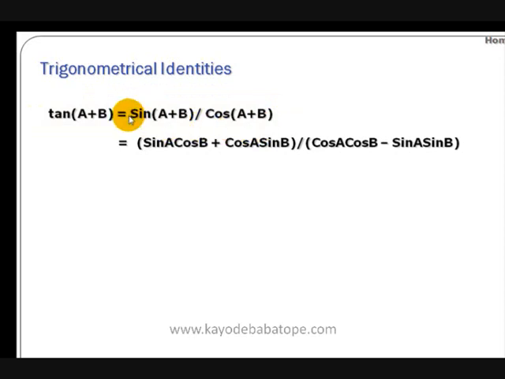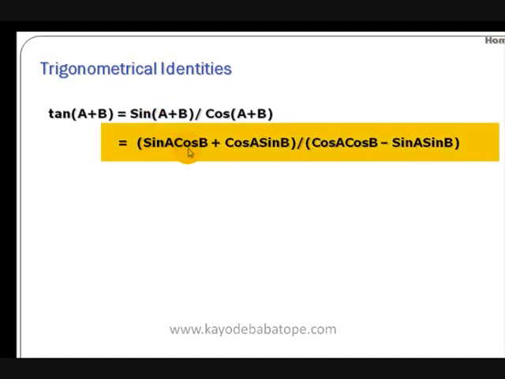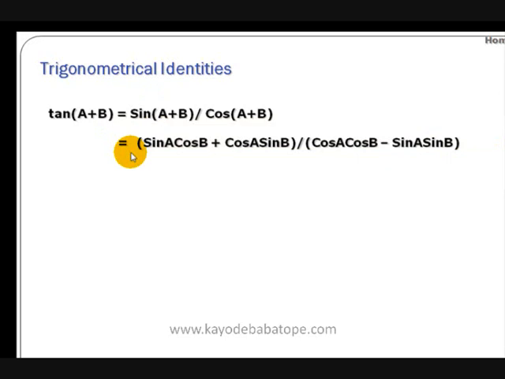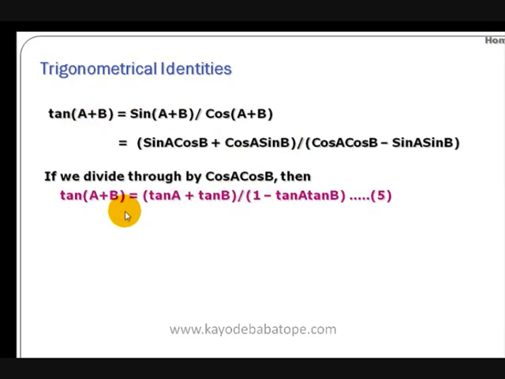Now, we can express sin(A plus B) based on what we just learned. Sin(A plus B) is sin A cos B plus cos A sin B, divided by cos(A plus B), which gives you cos A cos B minus sin A sin B. So, this expression is equivalent to tan(A plus B). However, we can factorize this further to keep it a bit simpler and neater.